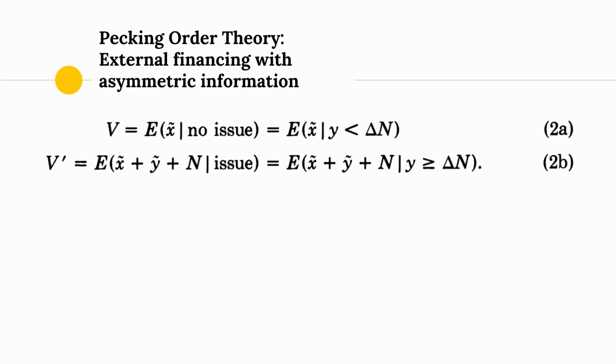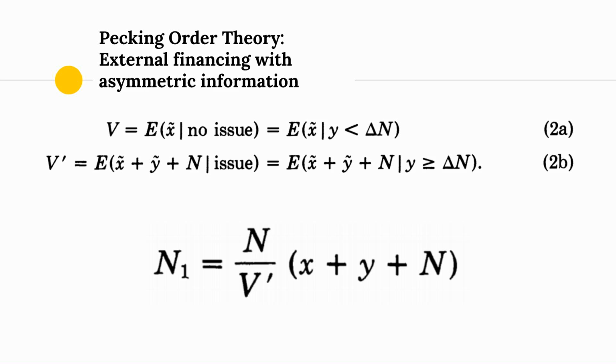The manager sees the true value of their claim as N1, N prime in my previous slides, equal to N over V prime times the quantity of x plus y plus N. Thus, given N, x, and y, and given the stock that is issued, the greater the price per share, the less value is given up to new shareholders, and the less delta N is.